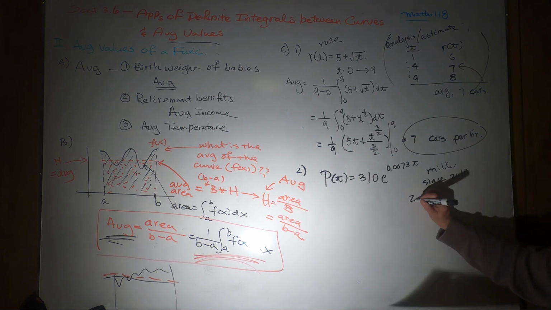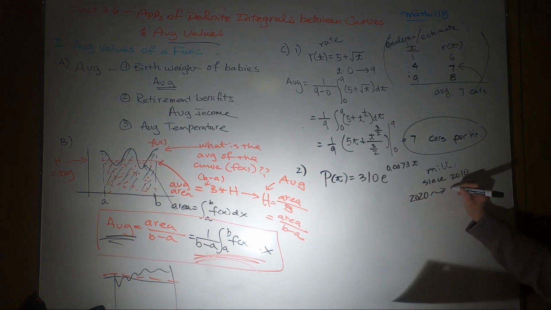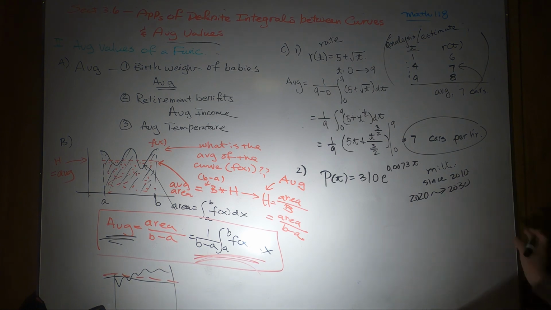Then predict the average annual population between the year 2020 and 2030. So what happened from 2020 to 2030? What's the average population? The source is the U.S. Census Bureau. So this exponential function is real in the real world. Somebody did a study and produced this model in the year 2010.